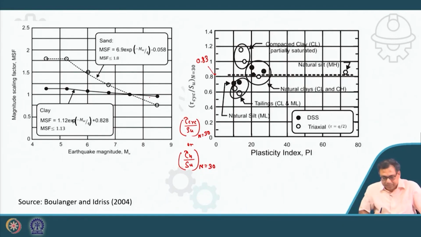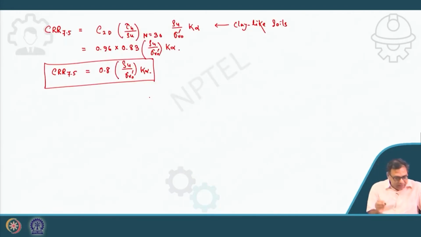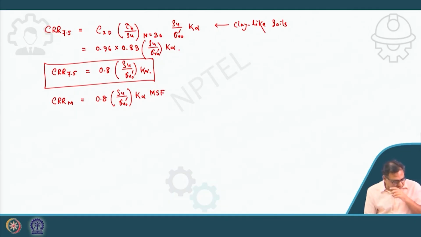Finally, my final expression will be CRR for any M equal to 0.8 Su over sigma_v' times K alpha times the magnitude scaling factor, or magnitude correction factor.